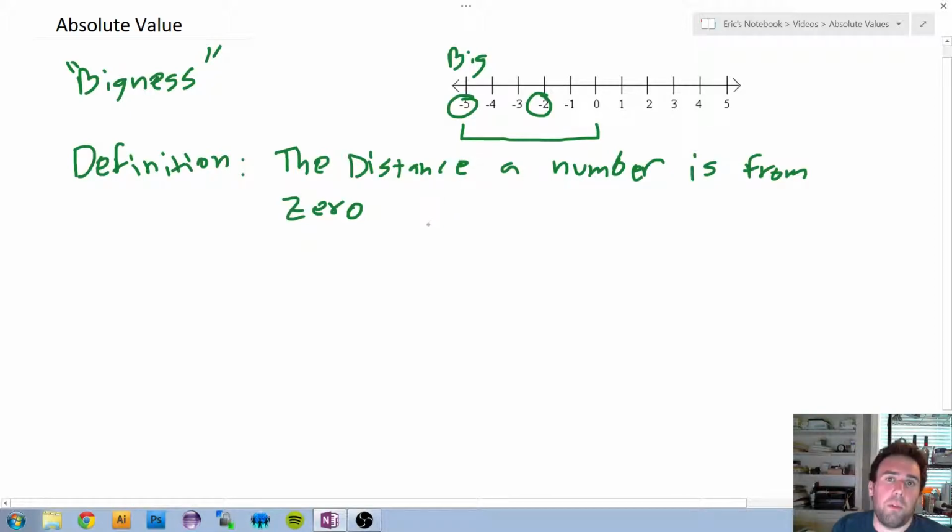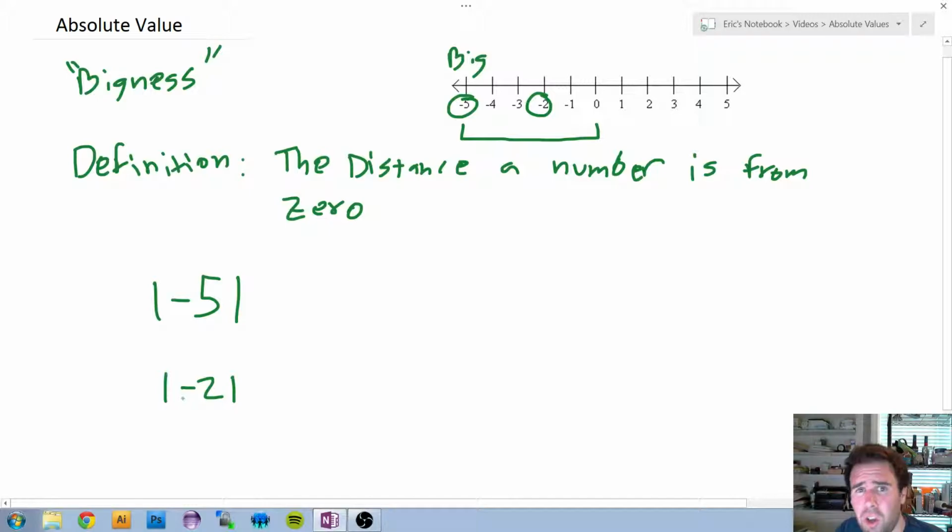We write absolute value with vertical bars. So if I say the absolute value of -5, it will look something like this, vertical bars around our -5. I could also say the absolute value of -2.